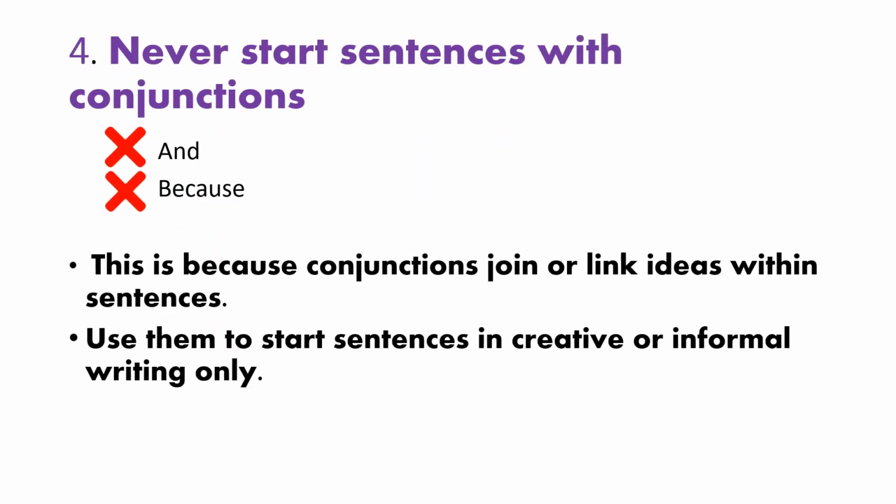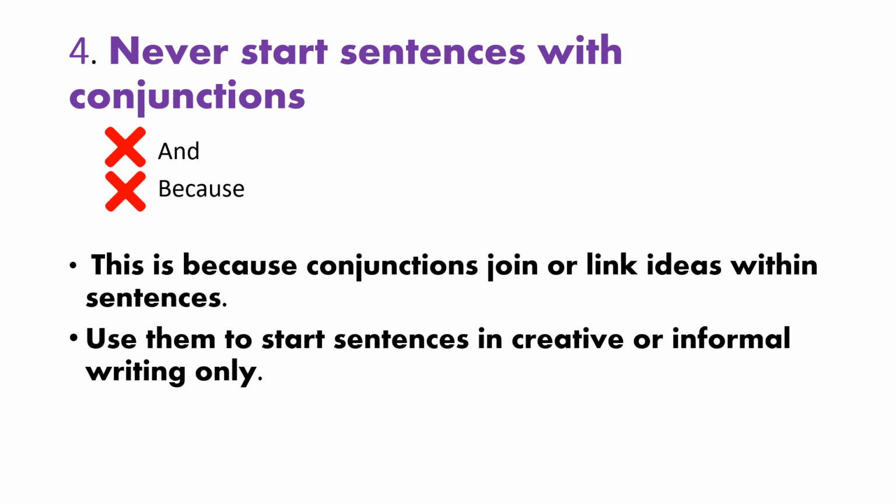Okay, so last but not least, as I told you earlier in the video, there are so many rules of formal writing, but in this video I am going to discuss some of them. Here is also one of the most important rules of formal writing, as well as of common writing: never start your sentences with conjunctions like and or because, as we all know that conjunctions join or link ideas within the sentence.